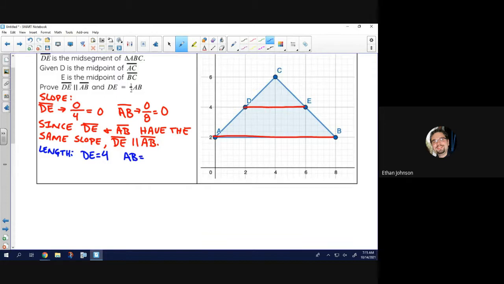For AB, going from point A to point B, we go over 8. DE is half of AB, so we can say that. So DE is half of AB.